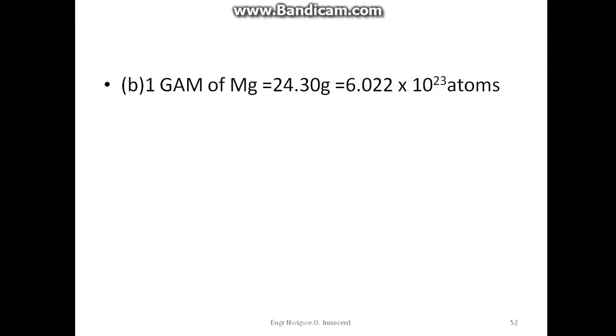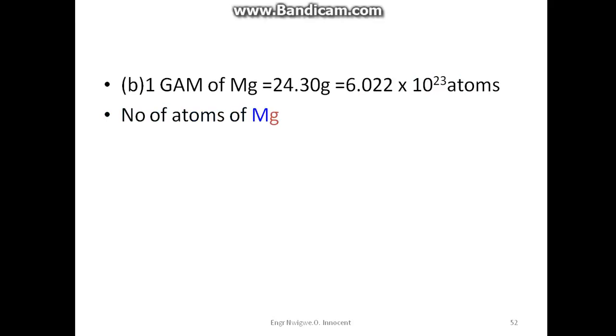To calculate the number of magnesium atoms in a sample weighing 1.0 times 10 raised to power minus 6, we have that 1 gram atomic mass of magnesium is equal to 24.30 gram, which is equal to 6.022 times 10 raised to power 23 atoms.